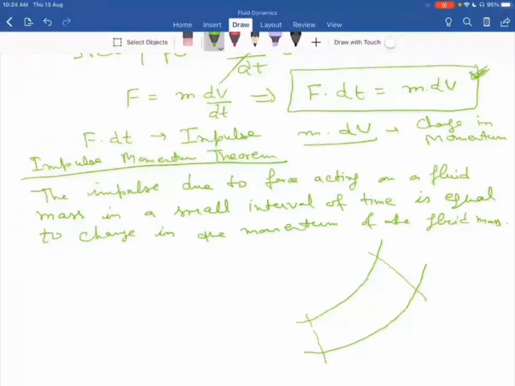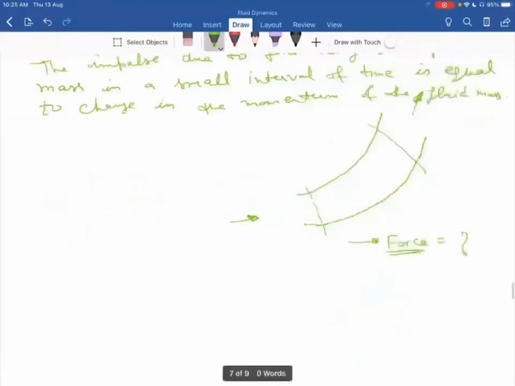Some liquid is flowing, entering from this side and leaving from this side. When liquid changes its direction in a pipe, the liquid applies some force on this bend. If I have to find that force, I have to use the impulse momentum relation. How can we find it out?